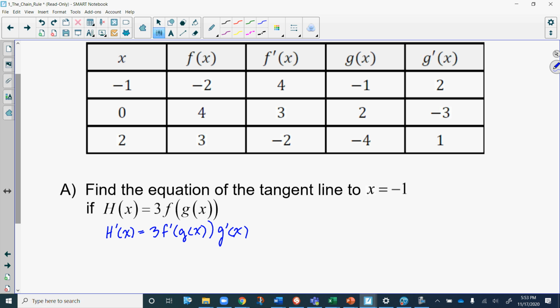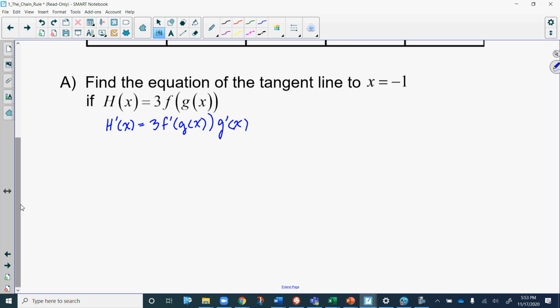And in this case, we're looking at it when x is -1. So we might have to scroll back up to see the numbers here in a minute, but we're looking at this case of h prime of -1. So here I'm going to say 3 times f prime of g of -1, times g prime of -1.